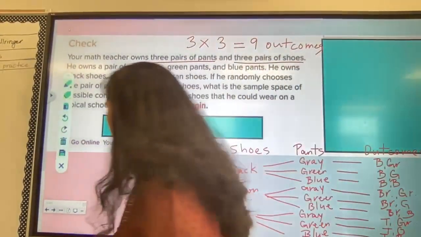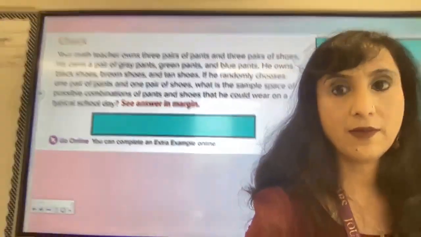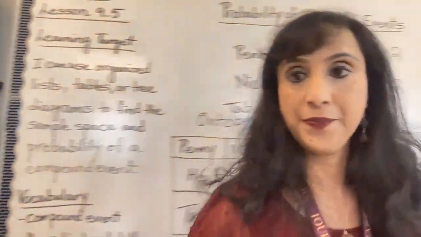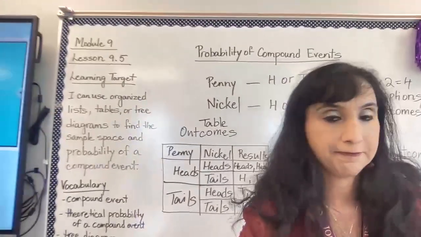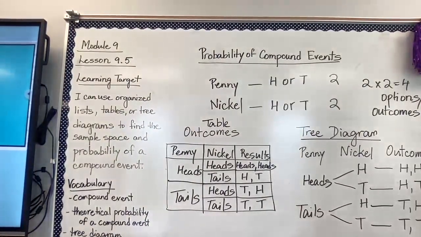Okay, so let's go back here and we take you here, do another problem. Okay, so let's say I'm going to find the sample space of compound events again.